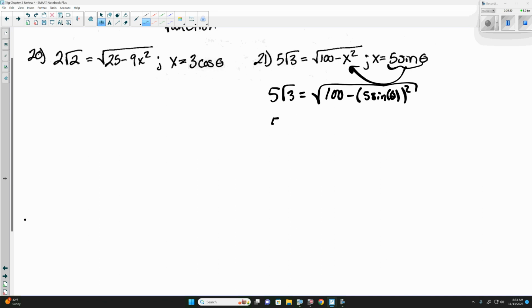Okay. 5 square root of 3 is equal to the square root of 100 minus, here we can square both terms, which would be 25 sine squared of theta.